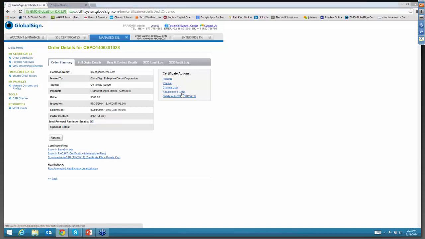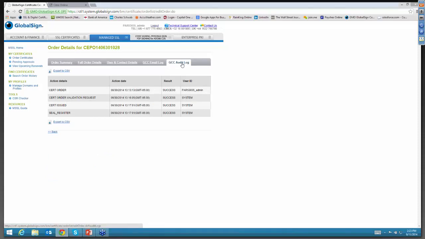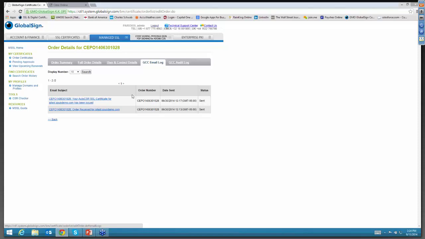In the SSL world, you can come back to a cert that you've already issued and add additional host names or FQDNs to it by coming back to the original order. There's all kinds of audit information here. If you ever had an issue with a particular certificate and want to track the various communications that went out regarding it, it's all tracked inside either the MSSL or the Enterprise PKI portal.